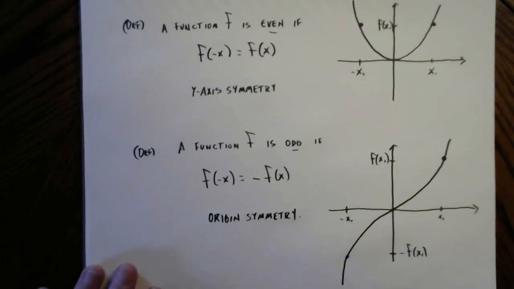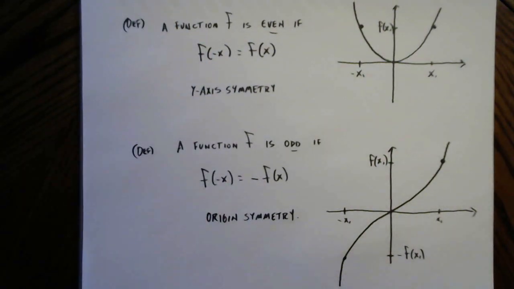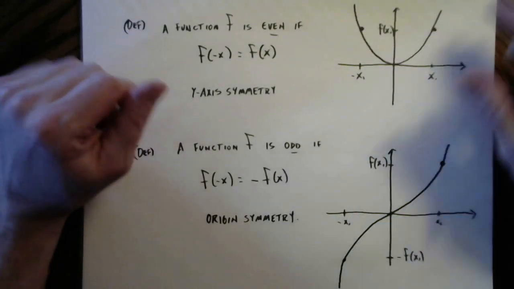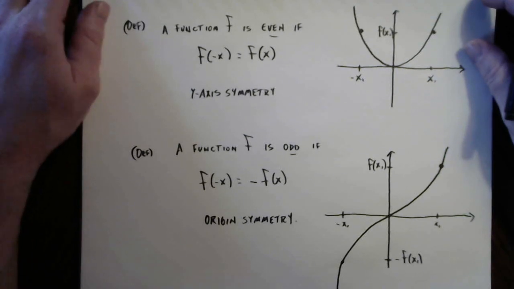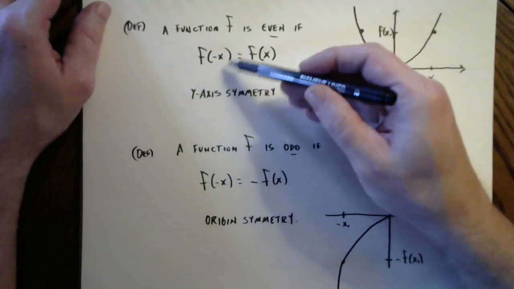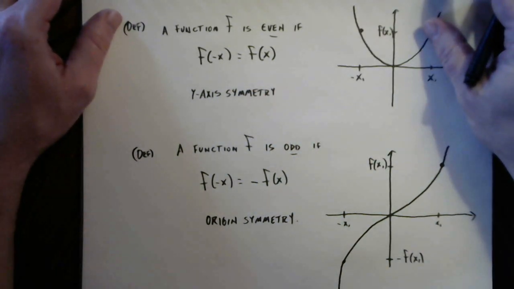So a couple things. Number one is a lot of functions don't have any symmetry. So if asked, is the function odd or even, it's very common to say neither one. And if asked, is a given function odd or even, how would we tell? Well, we don't have a graph, let's say, and even the graph isn't a guarantee. But what you'll notice is for both of these conditions, the left-hand side is the same. The left-hand side is f of negative x.